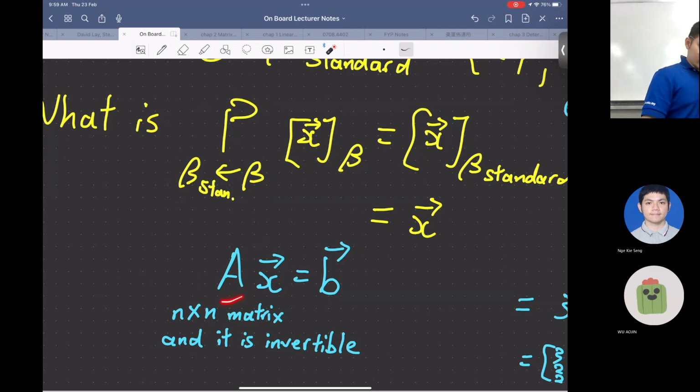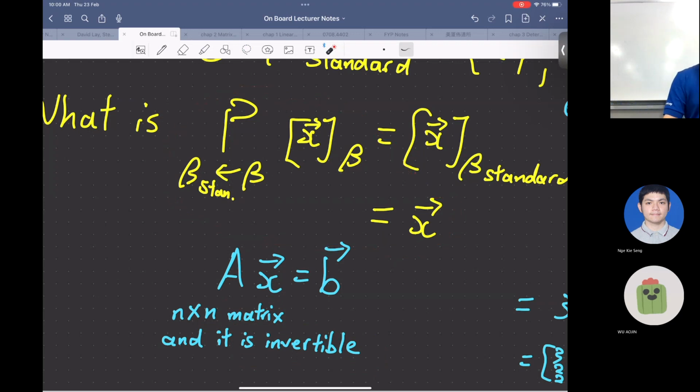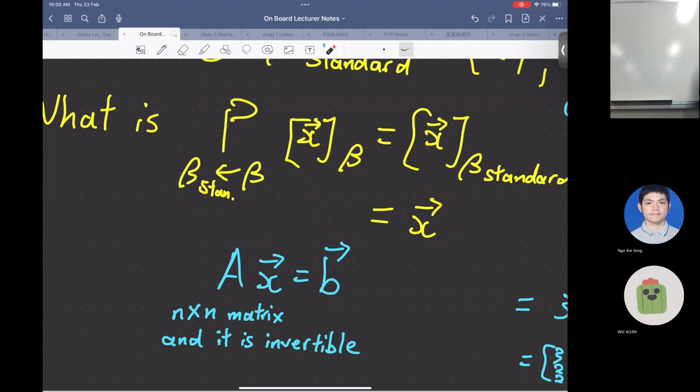So if you restrict the matrix to a square matrix, when it is invertible, what you are really solving is you find your B in another basis. Yeah, this is just what I want to tell you.